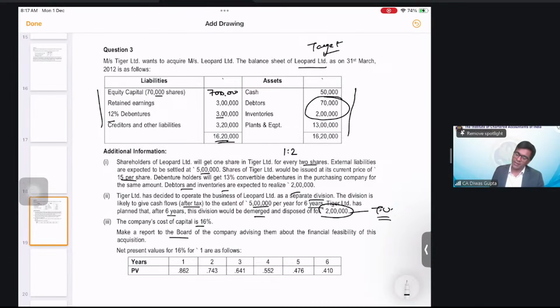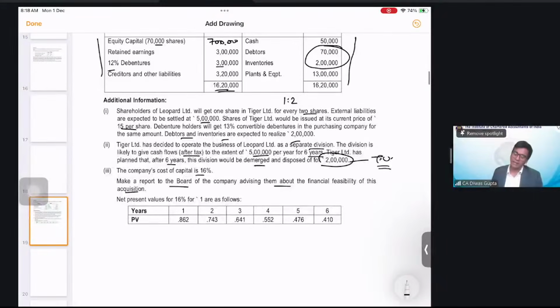Make a report to the board of directors advising them about the financial feasibility of this acquisition, and these are the net present values. So, students, this question has two different concepts, right? Till now, whatever we have studied holds true, right? That is more about, let's say, at what value the swap ratio will be, what is the post merger EPS, post merger MPS.